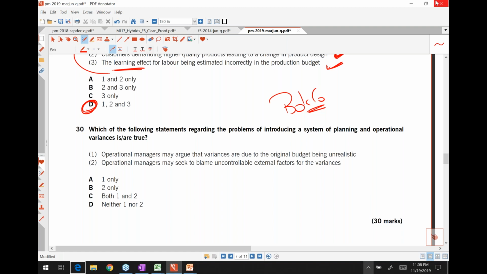They will try to blame the factors that they think resulted in variances. So yes, this is a possibility. This is also true. So the correct answer is C. Both are the risk of introducing planning and operational variances.